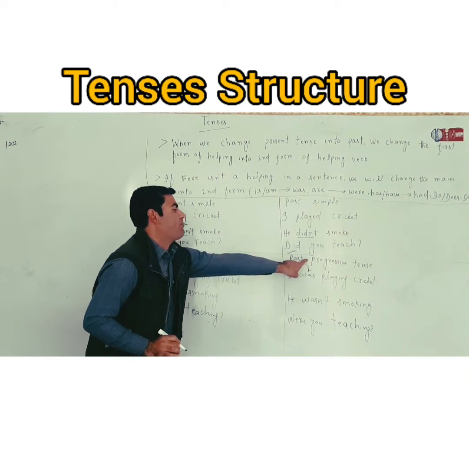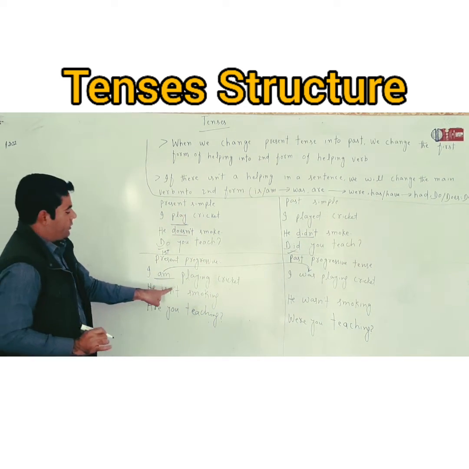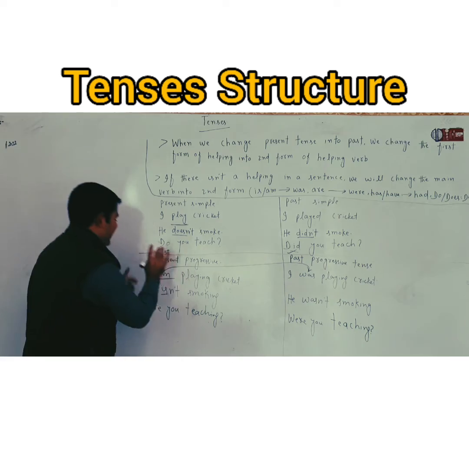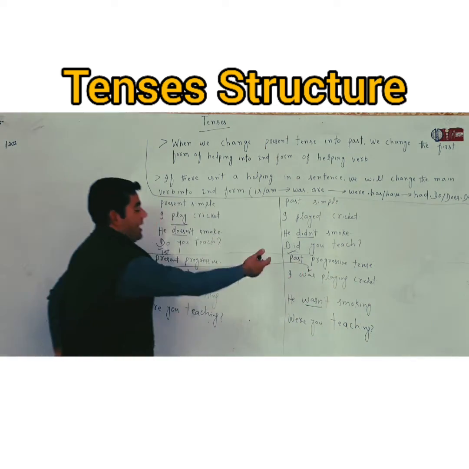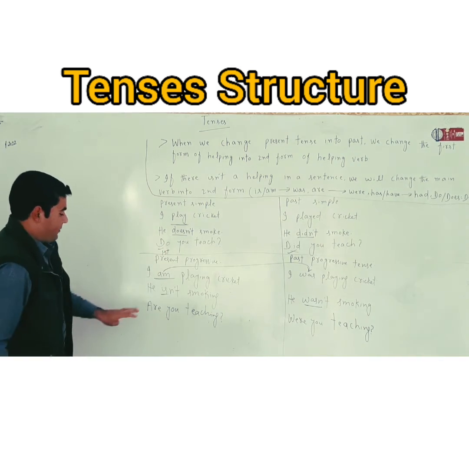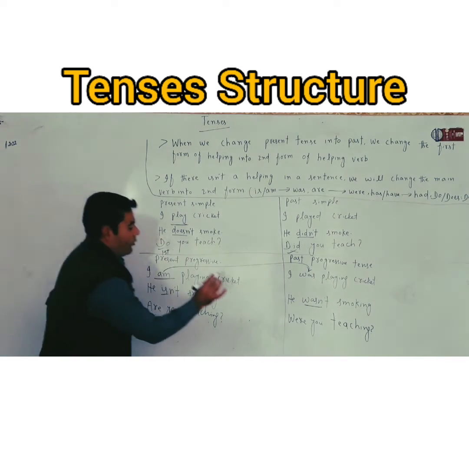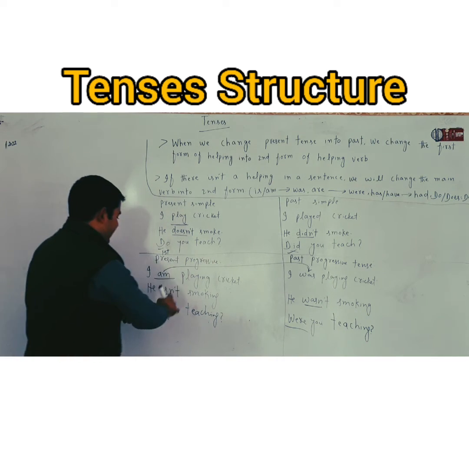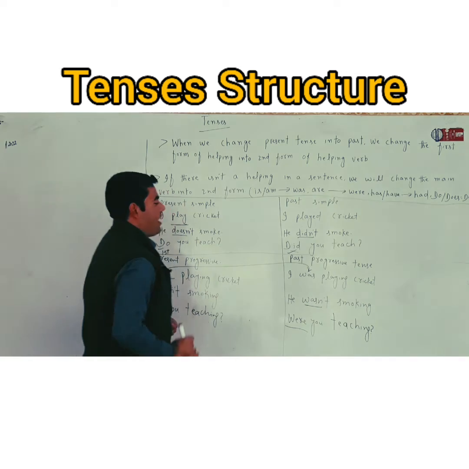Automatically there occurred past progressive tense. He isn't smoking. So you see, is first form of verb. We change it into was and it became, He wasn't smoking. Are you teaching? Are is the first form of helping verb, we changed it into were. So this tense is present progressive, and this tense became past progressive.